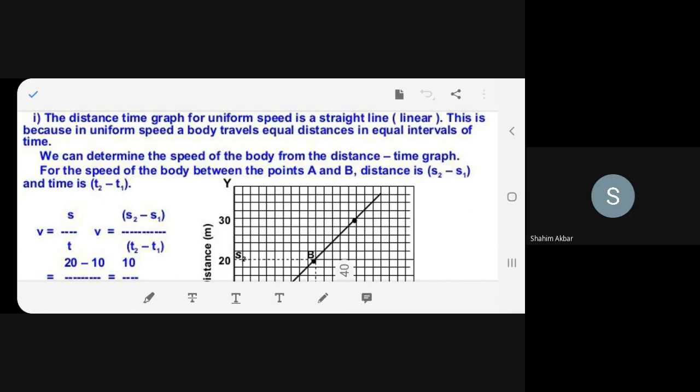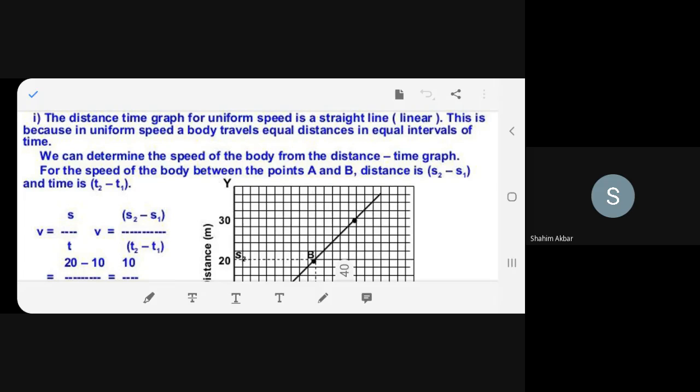It could be uniform velocity, it could be uniform acceleration, and so forth. Straight line means uniform. It could be speed, velocity, acceleration, anything. So it is also called a straight line. I think you know that in maths it is called linear.